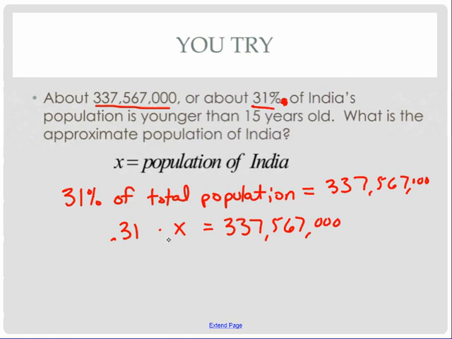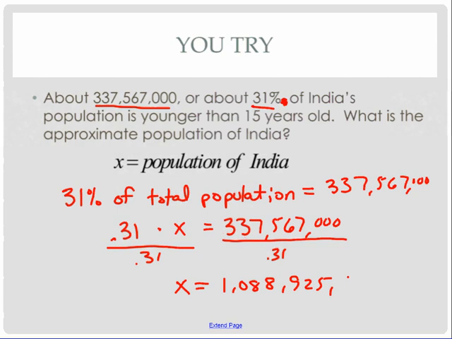Now, if I'm trying to isolate X, I would divide both sides by 0.31. It's going to make this number much bigger, but that's to be expected. We get 1,088,925,806. Wow, that's a huge population, and it's even bigger than that now.